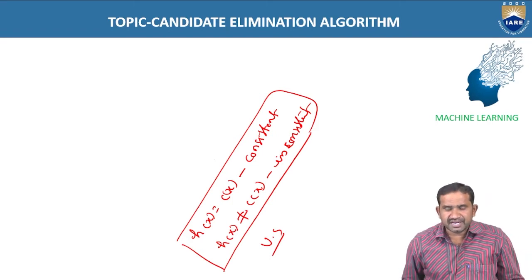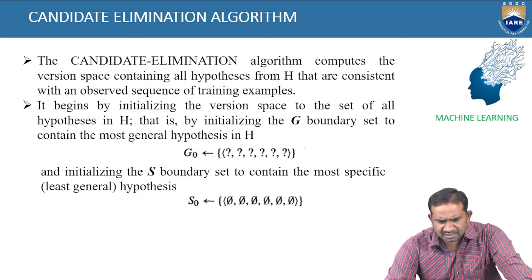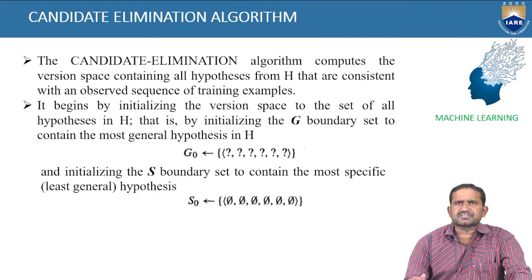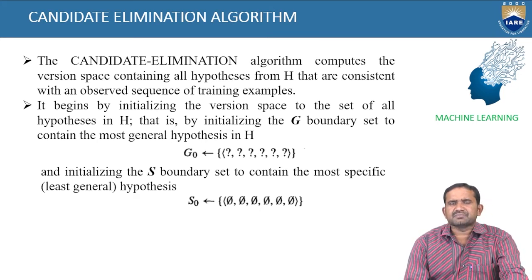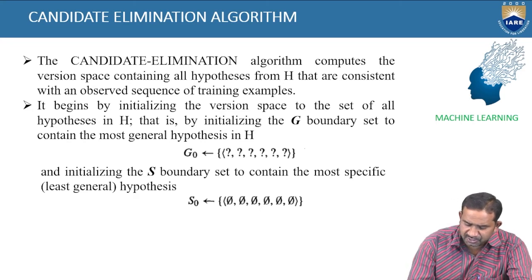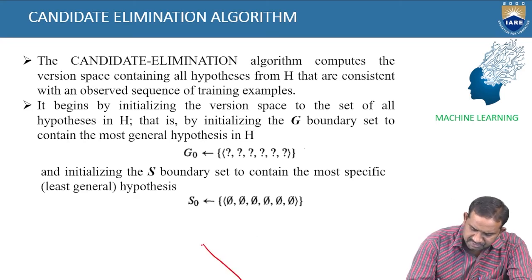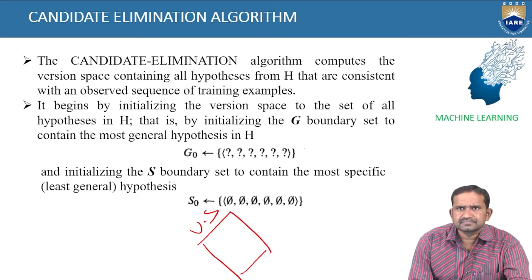That is the candidate elimination algorithm. The candidate elimination algorithm computes the version space containing all hypotheses from H that are consistent with the observed sequence of training examples. This algorithm especially contains the version space.